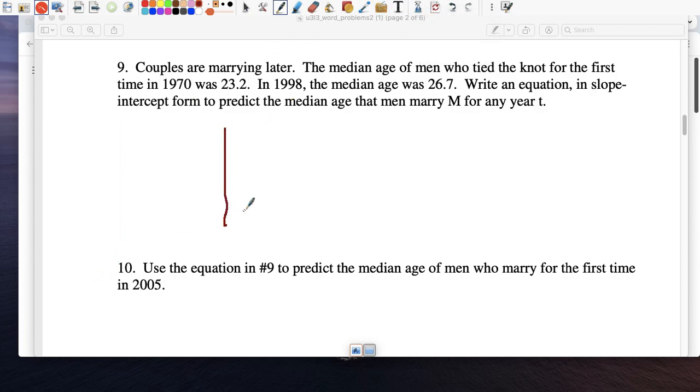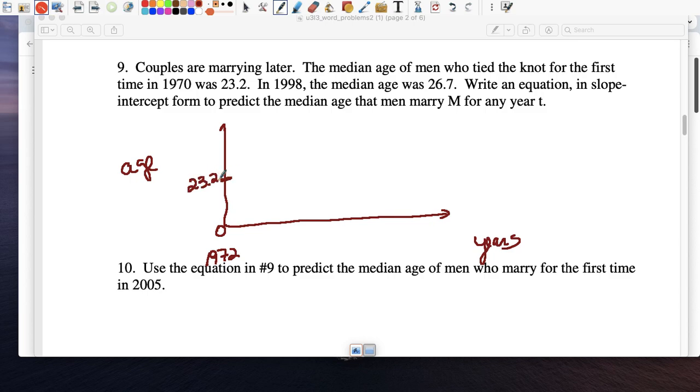This is years. This is the marrying age. In 1972, the year I started recording, men's age was 23.2. In 1998, the median age was 26.7.